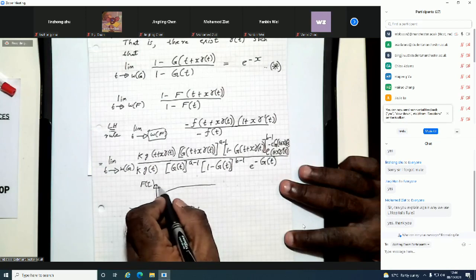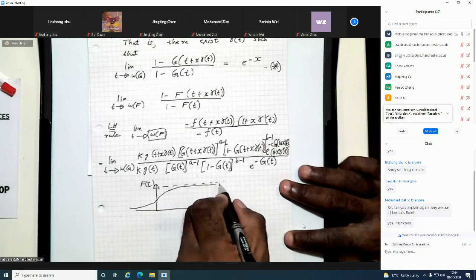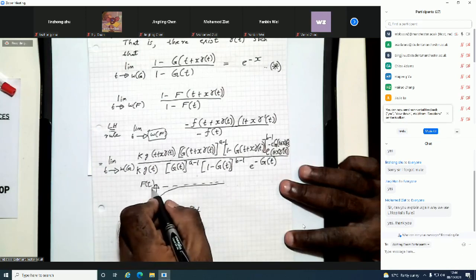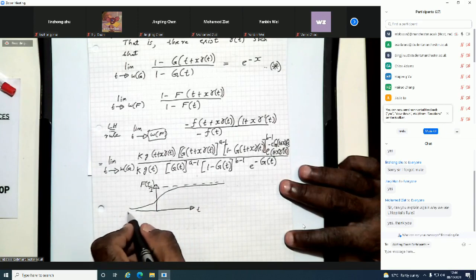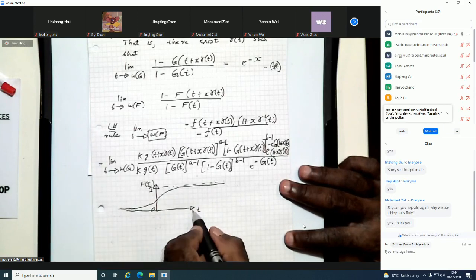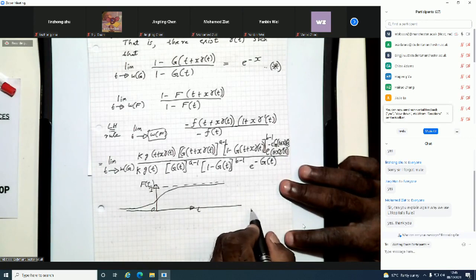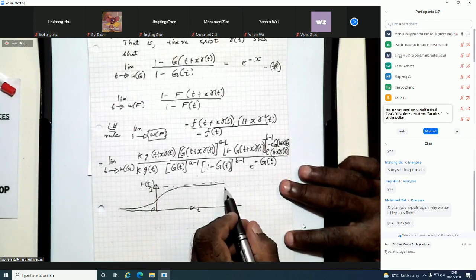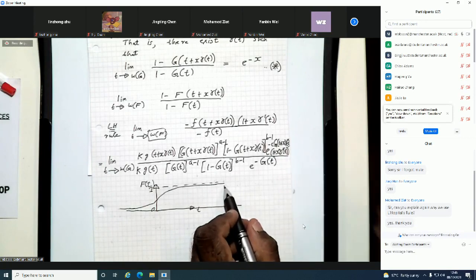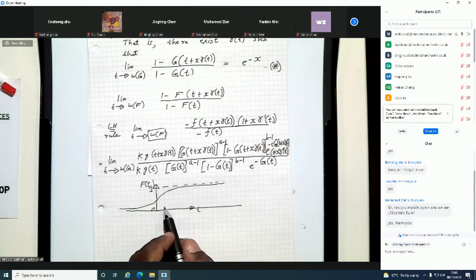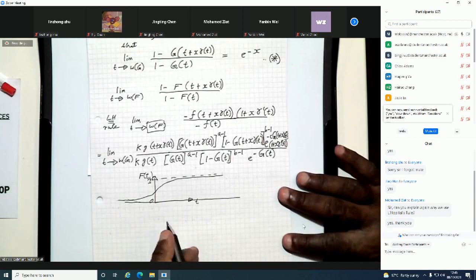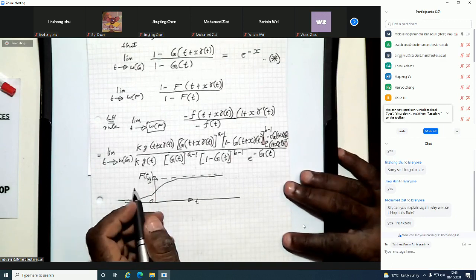This is the point it approaches 1. This is the point it approaches 0, this way. So if you go far enough to infinity, the CDF must approach 1. Have you seen this picture before? I'm sure you have, a long time ago, somewhere. All right, so that's the theory, guys.